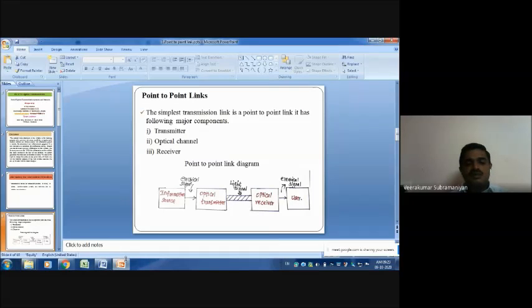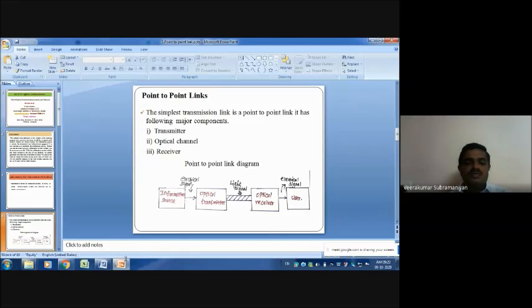It is then connected to the fiber optical cable. The transmitter converts the entire electrical signal into a light signal. Then the light signal is transmitted over the fiber optical cable.